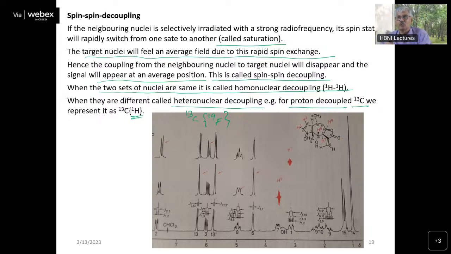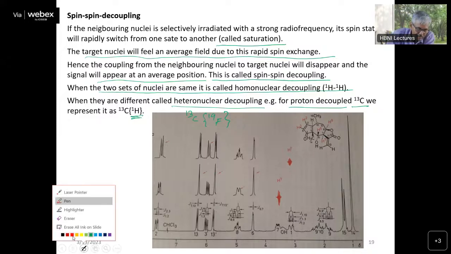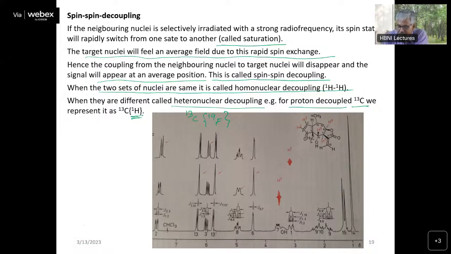Okay, so here I have shown you a complex molecule and how the spectra got simplified, or how the various protons are identified. Now let us see that there are many groups of protons, and all these protons have been identified.